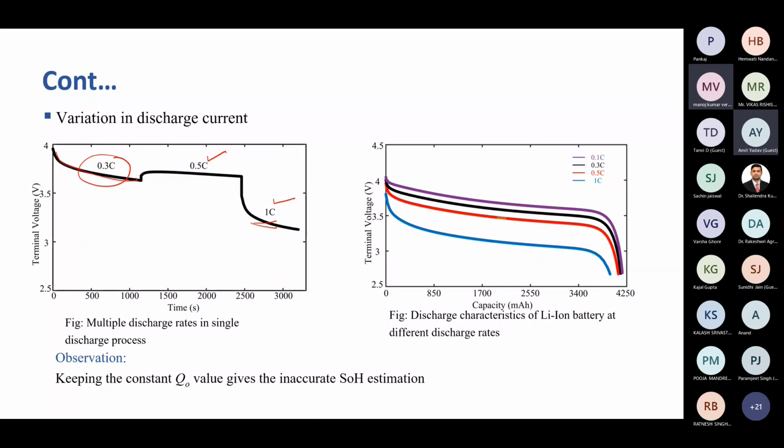Depending upon the speed, we can see what the discharging current will be. So with multiple discharging rates, what will the characteristics be, and how accurate is the state of health? The characteristics of a lithium battery will differ for different C rates of 0.3, 0.5 and 1 C.